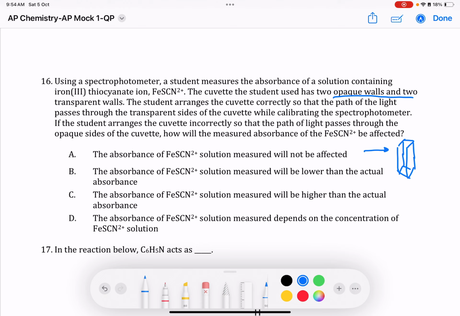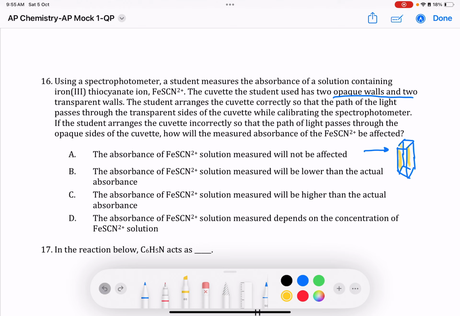Okay. So if the light goes through this shaded opaque wall, we will get wrong data, because of too much absorbance. It has to be clear so that the light can pass.